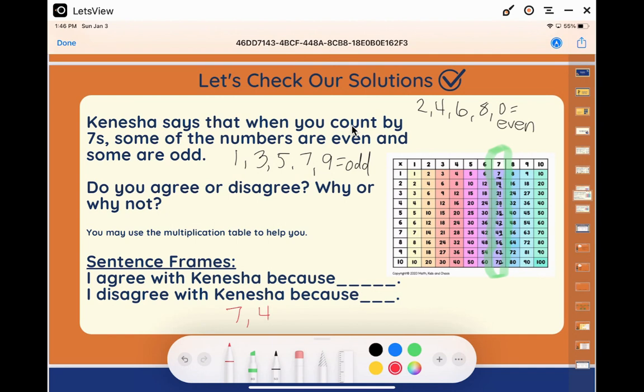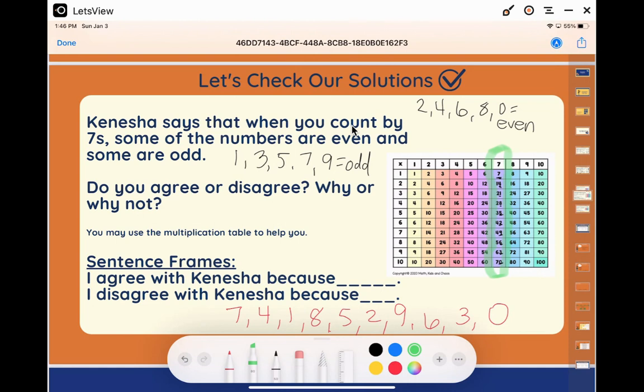7, 4, 1, 8, 5, 2, 9, 6, 3, 0. Whew, these numbers are all over the place. Well, here's what I'm going to do. Let's go through and figure out which of these numbers are even and which ones are odd.